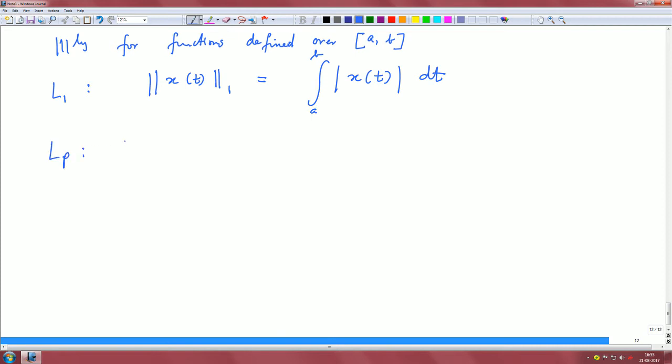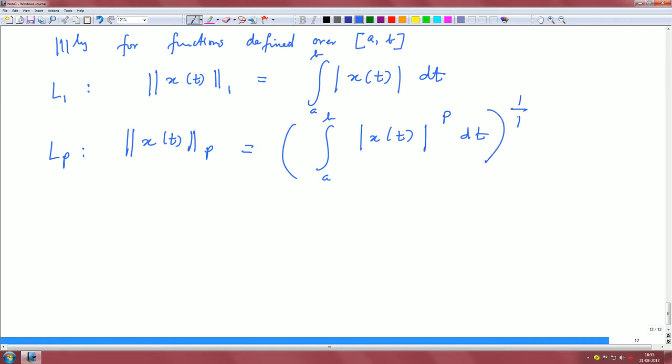For Lp, it is basically the pth root of this. So, at every point in the signal, you take the absolute value, right, you raise it to the power p, then you integrate it, that is, you accumulate all these positive quantities and take the pth root of this, and that is the meaning of this Lp norm.